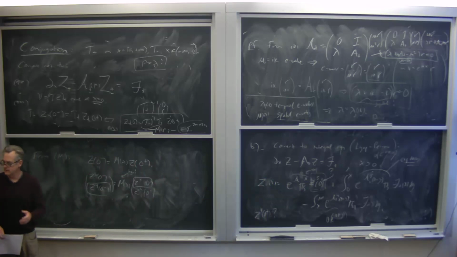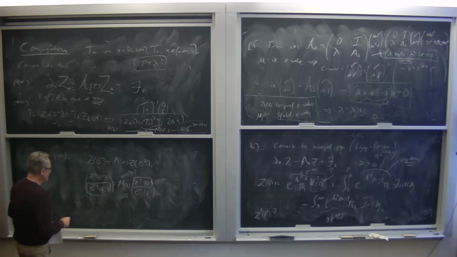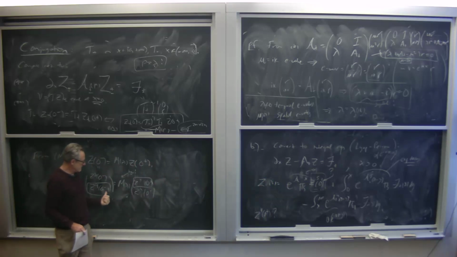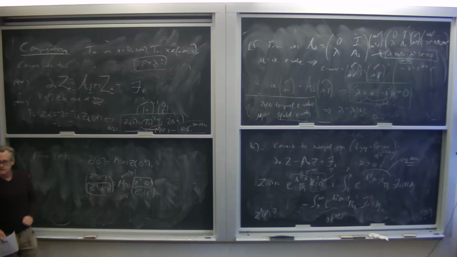Those are the two that we need to find out from this relation. And the others are determined as functions of f and z of 0 of u and z unstable of 0 minus and z stable of 0 plus.